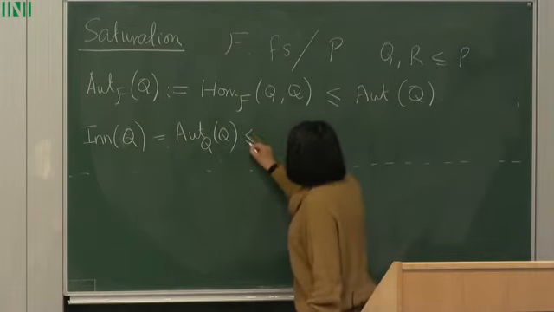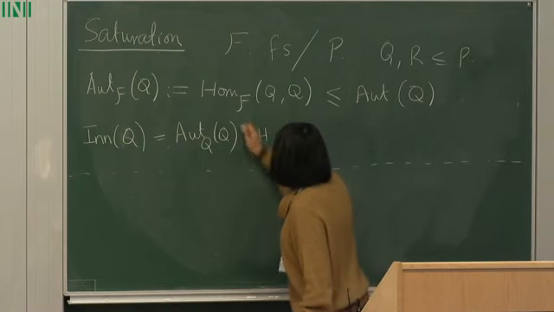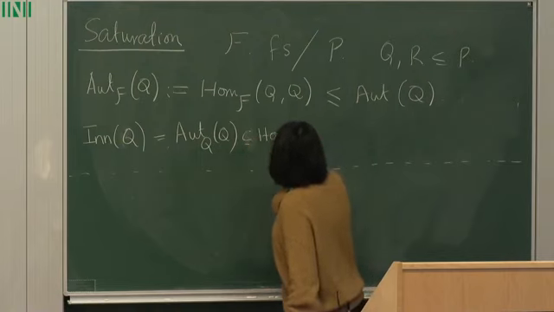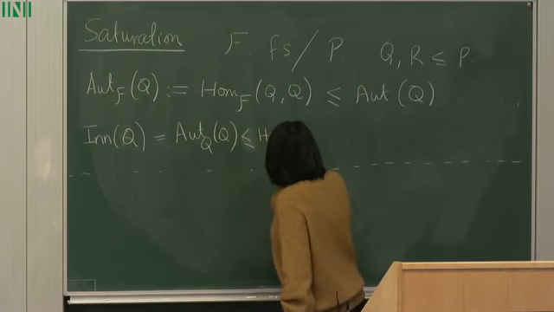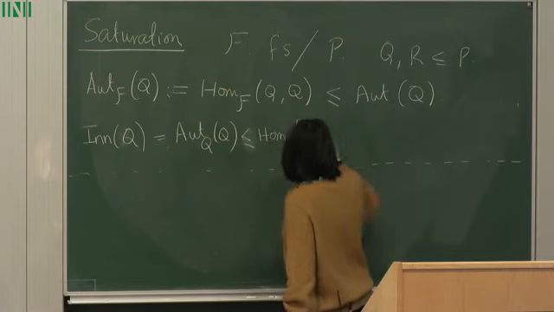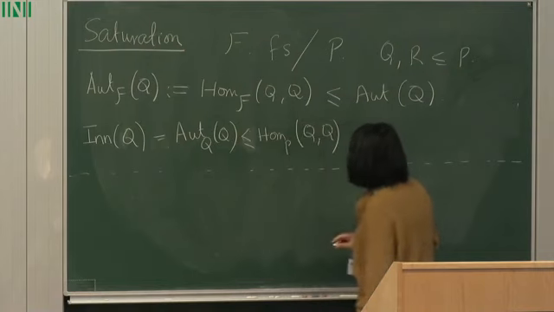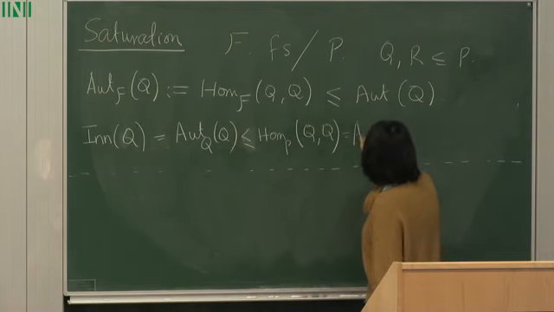And so that's a subgroup of, it's contained inside. Well, it's a subgroup of Hom(Q, Q). So that is Aut_P(Q), just to reiterate the notation.